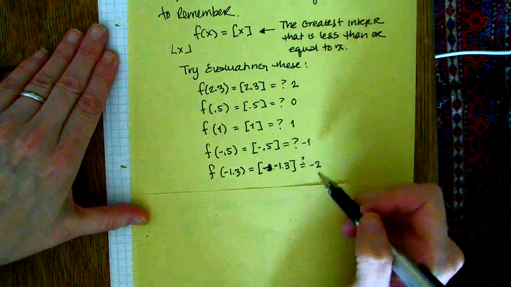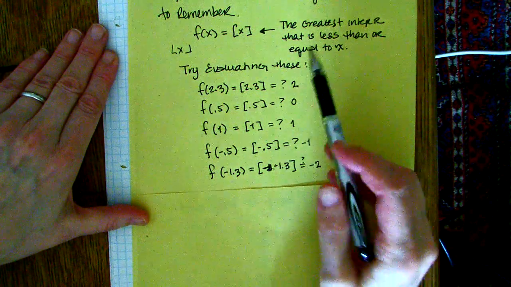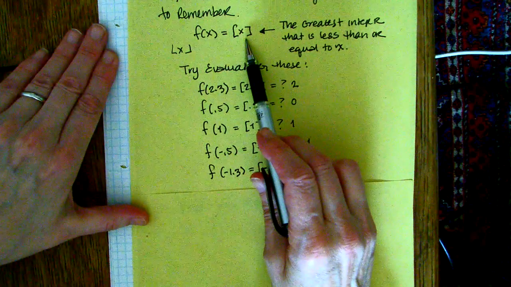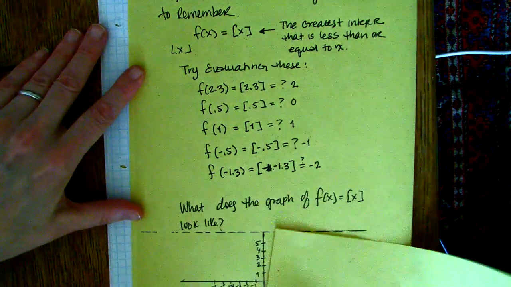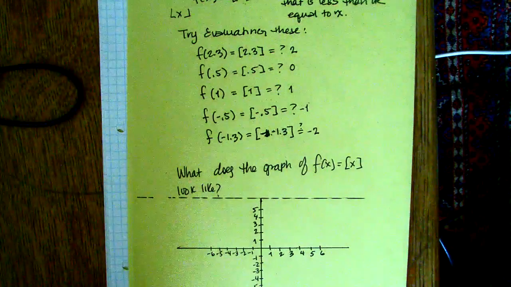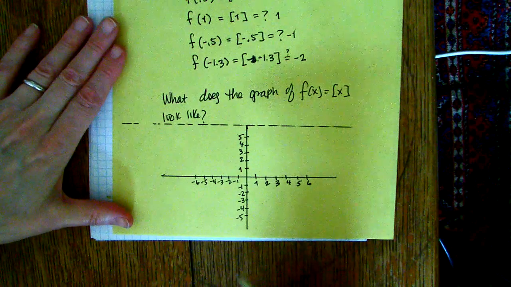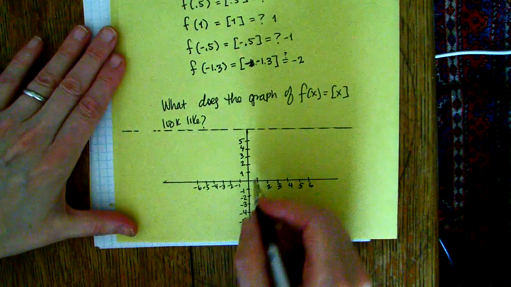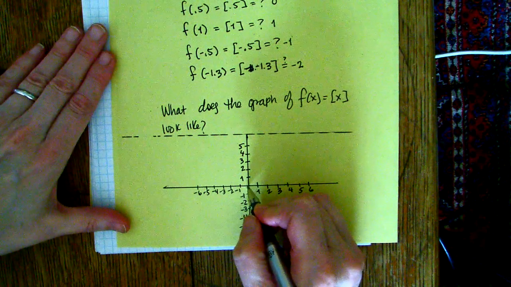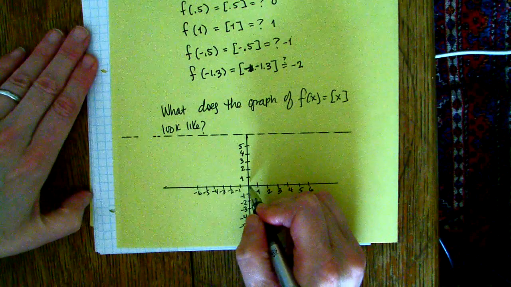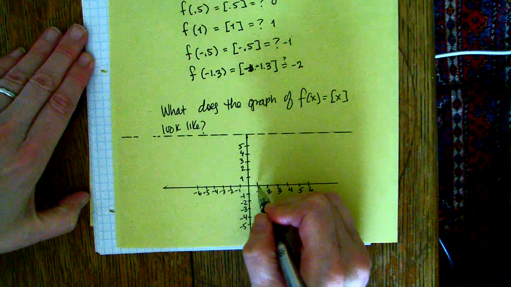Now take a moment and sketch the graph of what the greatest integer function looks like. Pause the video and do that. Okay, so everywhere between 0 and 1, we're going to get that the greatest integer of those values is actually 0.